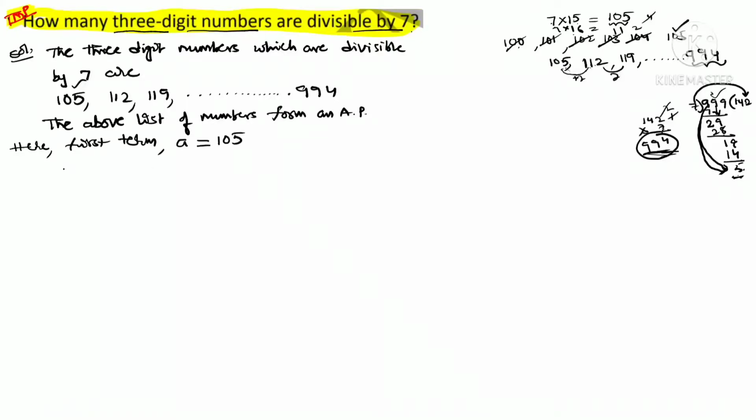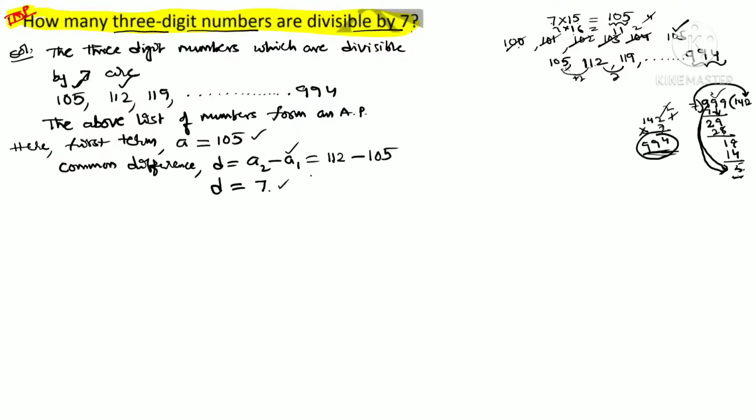Next, common difference. D is equal to A2 minus A1. The second term is 112 minus the first term A1, that is 105. So the D value is 7.